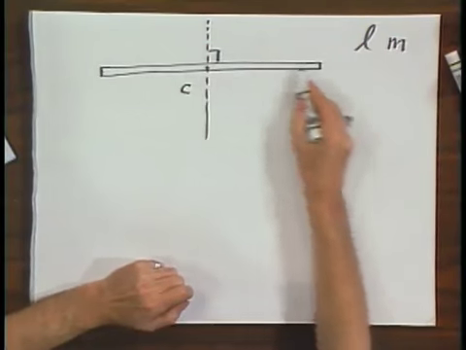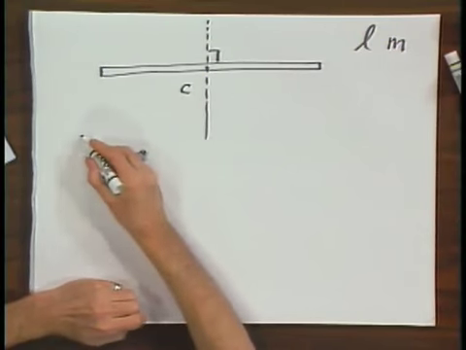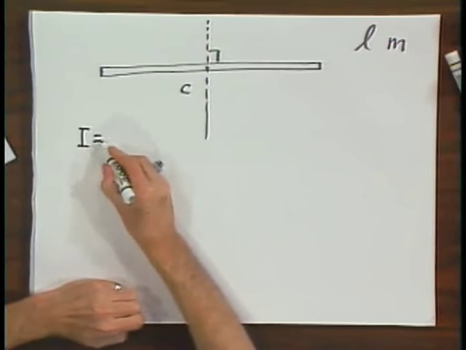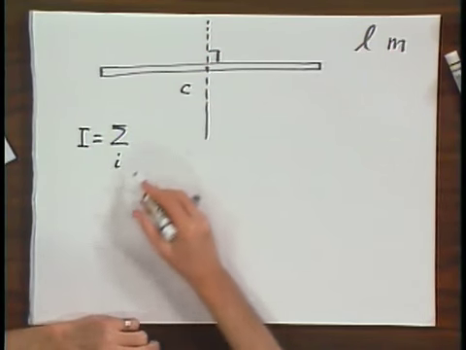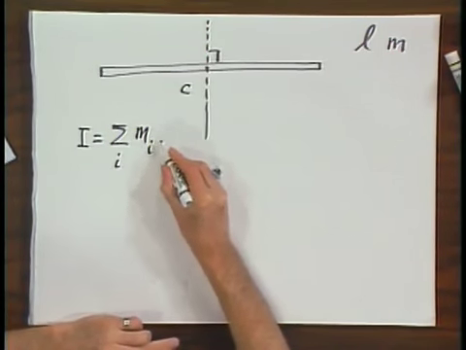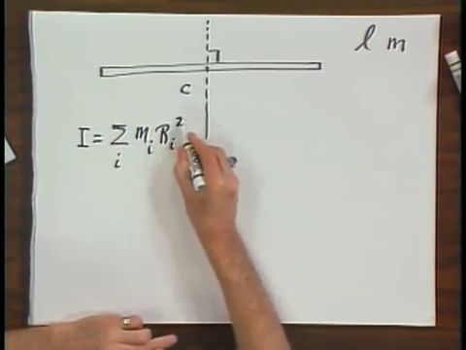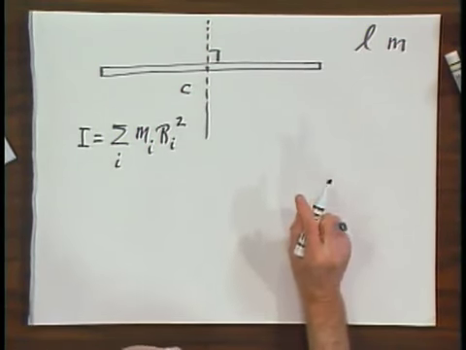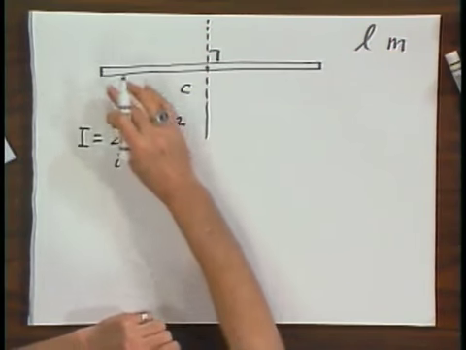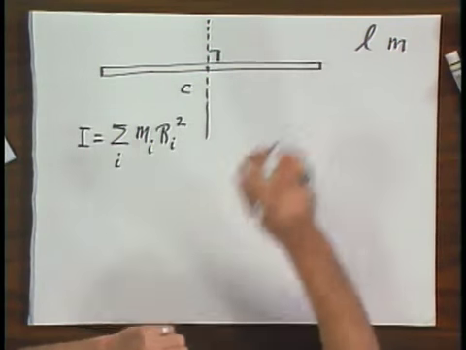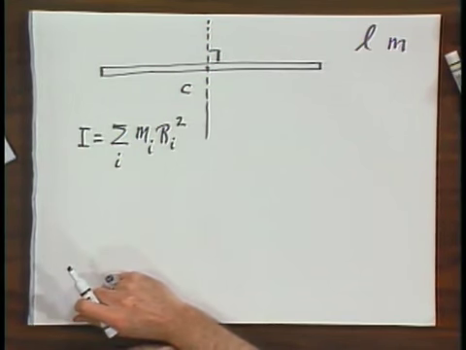Now, we have continuous mass distribution, so the moment of inertia, as we defined it, the sum over all mass elements of I times Ri squared, now obviously has to be changed into an integral. We have to integrate over this whole rod.